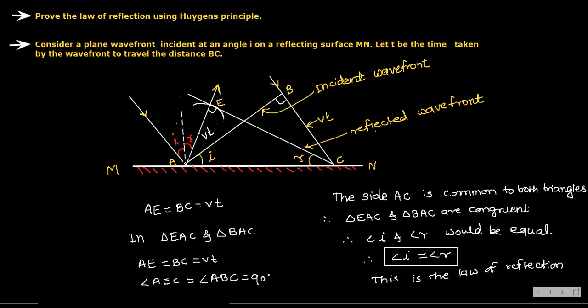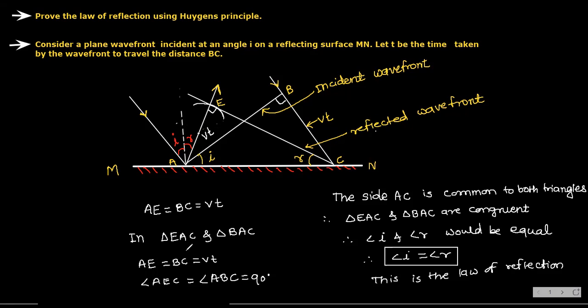Now see, this ray is coming like this and getting reflected. So this is incident angle, this is reflected angle, and this one is incident wavefront. And because of this, you are getting this one as a reflected wavefront. Okay, and this is r, this is angle I. Now just we have to use geometry, that is AE is equal to BC is equal to vt.